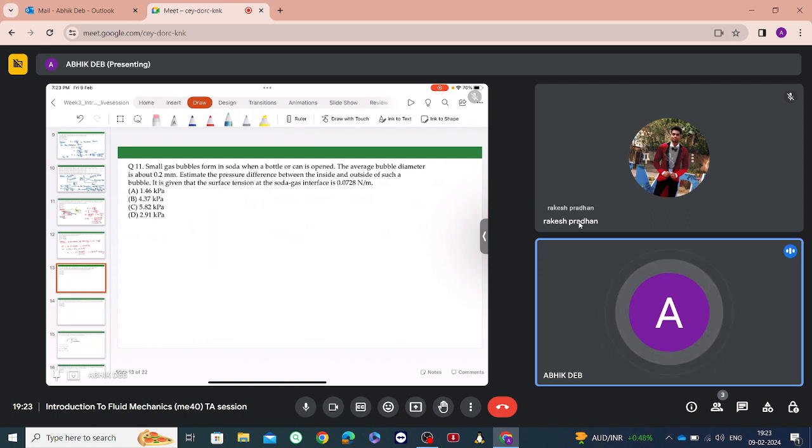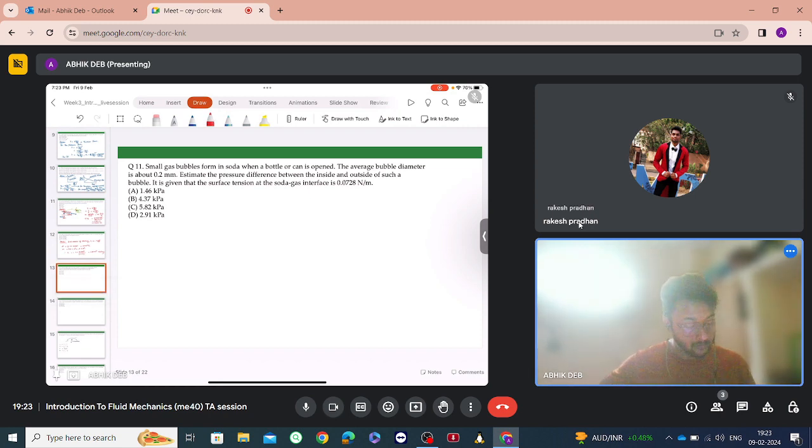Okay, so how to go about this problem? A small gas bubble. On both the surfaces of the gas bubble there will be some different fluid, so there are two surfaces.